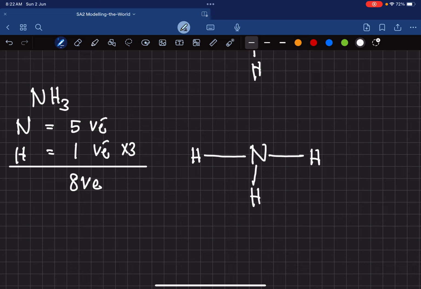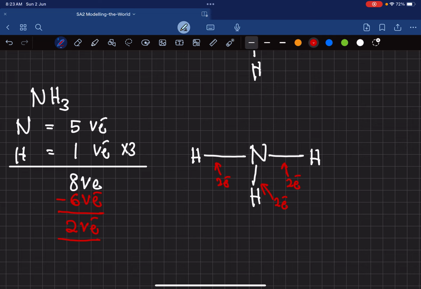And I also told you each line represents 2 electrons, right? So this is 2 electrons, this is 2 electrons, and this is 2 electrons, which means that I have used up 6 valence electrons. Now I'm left with 2 valence electrons.